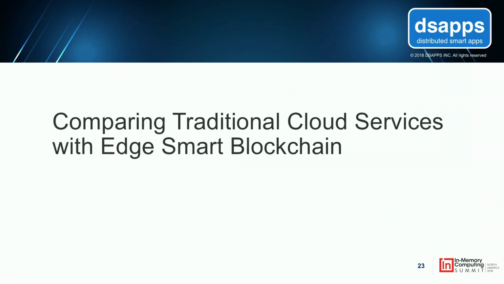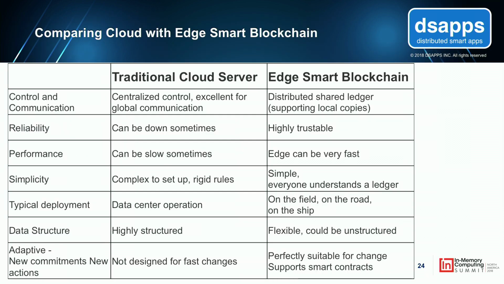So if you compare traditional cloud service to edge smart blockchain, this is your typical cloud server. It's like a data center operation, highly structured. Whereas edge computing applications are flexible, and the edge can be very fast. There's got to be some way of distributing a shared ledger supporting local copies.